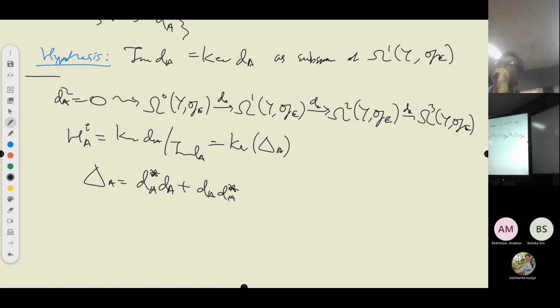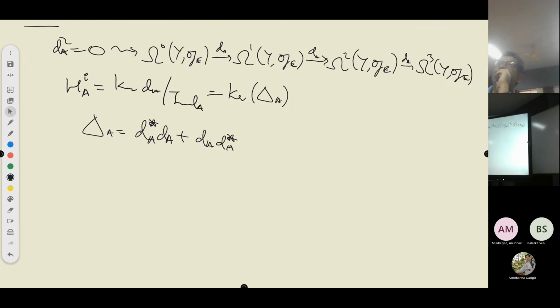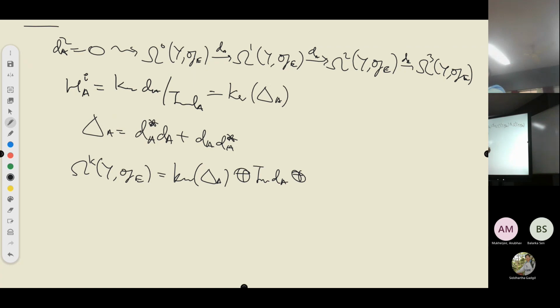Okay, and even more so, what we can say is that the space of k-forms with values in g_E will be equal to the kernel of the Laplacian, direct sum the image of dA, direct sum the image of dA star.